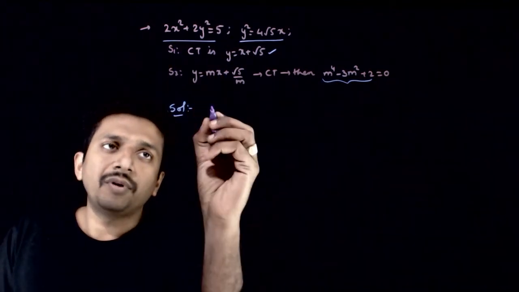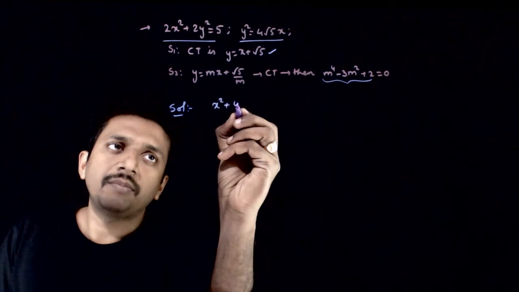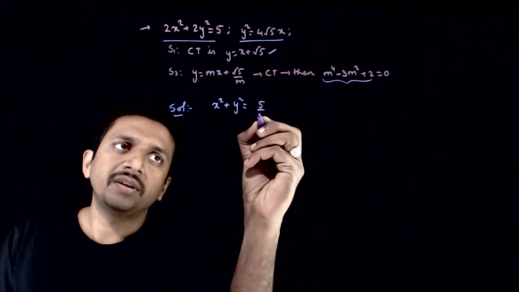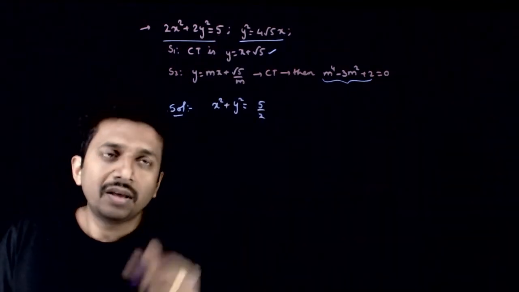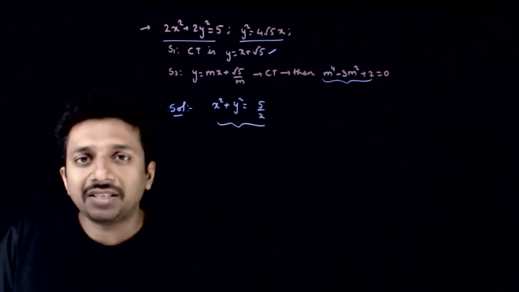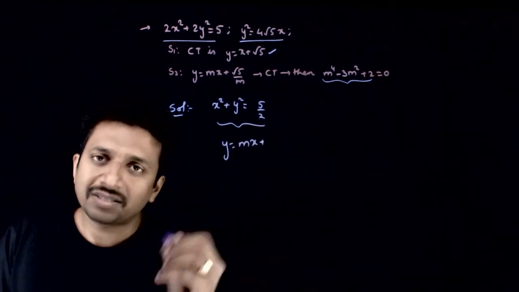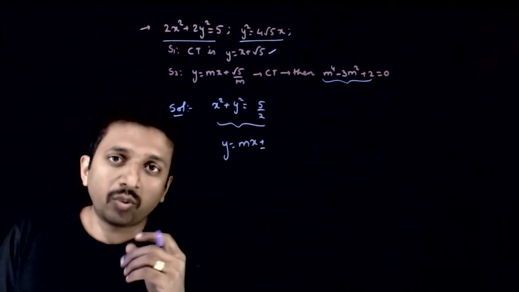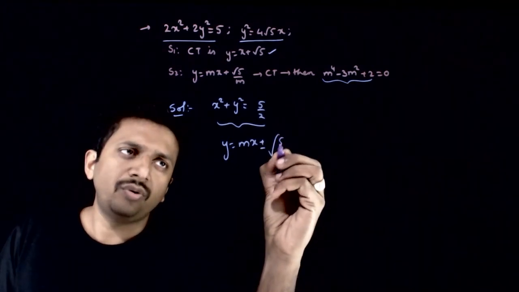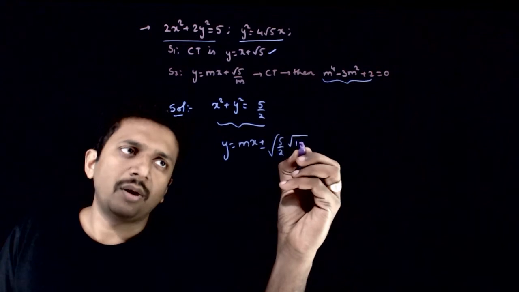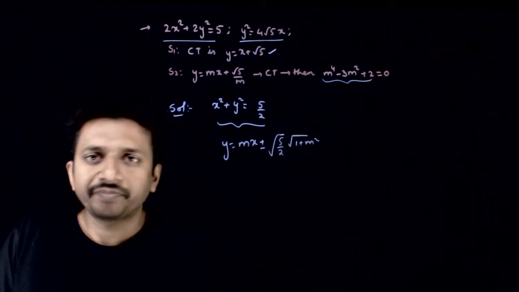Now we have the circle x² + y² = 5/2. What is the general tangent to this circle? y = mx ± r√(1 + m²), that is √(5/2) times √(1 + m²).